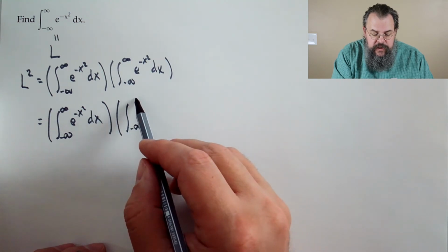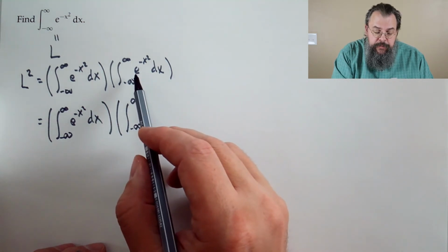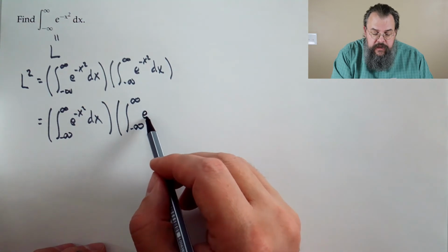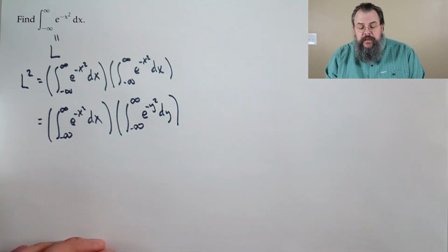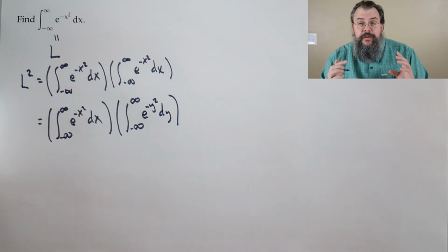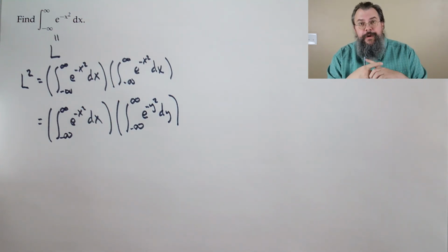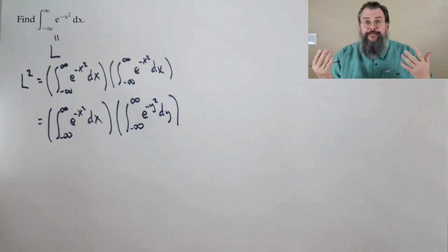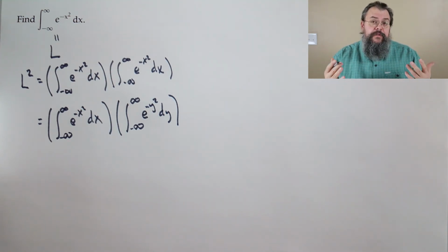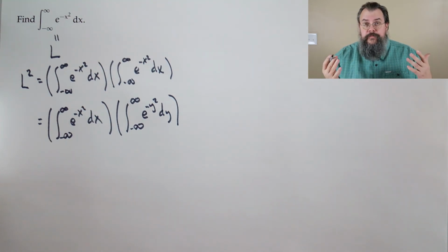So let's take our second one, and instead of having it be e to the minus x squared dx, make it e to the minus y squared dy. Now, you can do this in a couple ways. You can argue this is a substitution, y equals x. Or you could just say it's just a variable name, right? Changing names doesn't change the problem, doesn't change the answer. So it's the same.